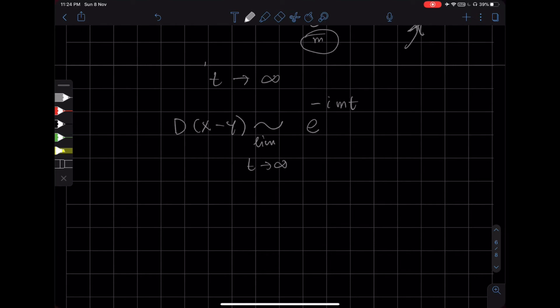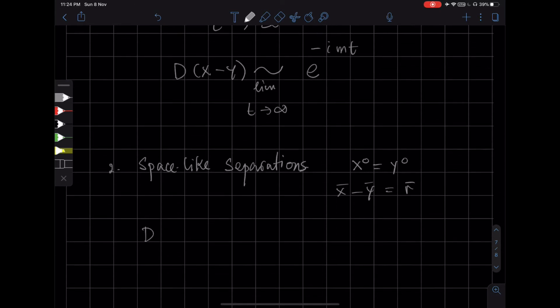Now, if I take space-like separation, we see that we can take our time coordinates to be equal, and then we can take the three-dimensional x minus three-dimensional y to be r.